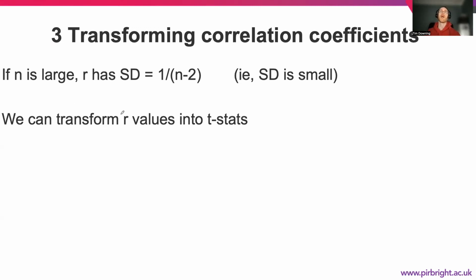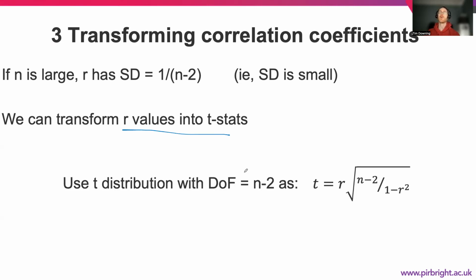To transform our values into a t-stat, there's a particular formula that we can use, and this assumes that we have n minus 2 degrees of freedom for our corresponding t distribution. That is a function of the inverse of the standard deviation multiplied by the fraction of variation that's not explained, scaled by the correlation coefficient.